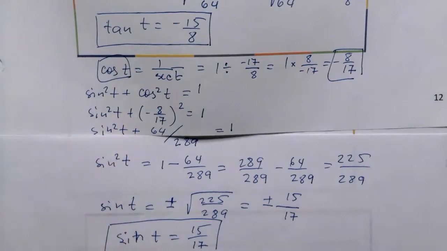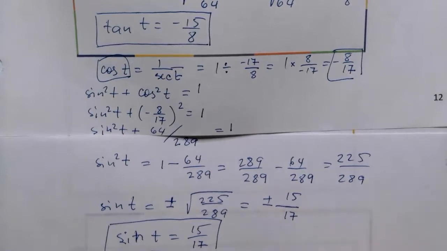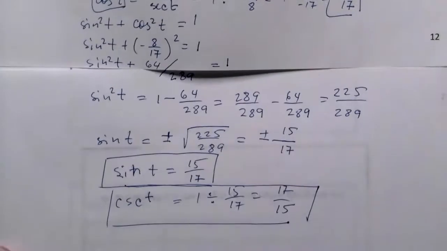And since we know sine, we could find the cosecant, which is 1 divided by sine, so 1 divided by 15 over 17. So it's 17 over 15. That's our next one.